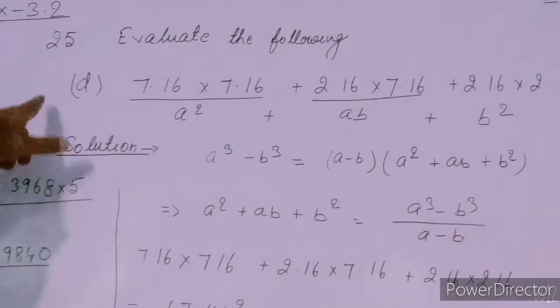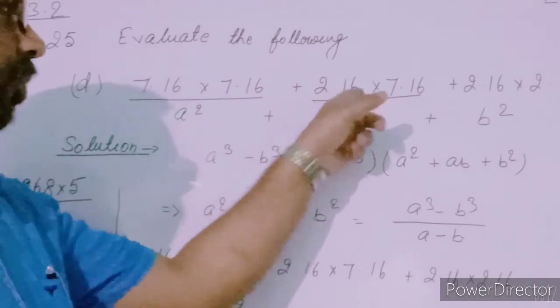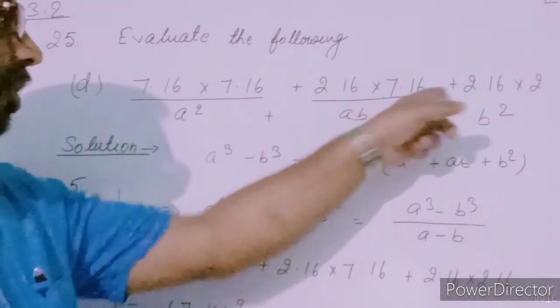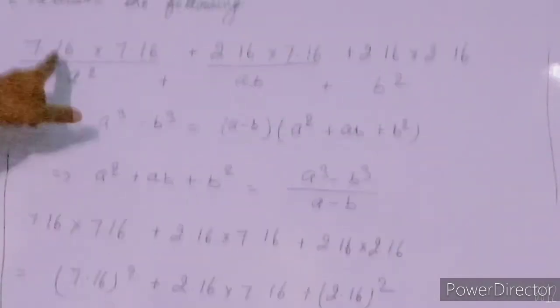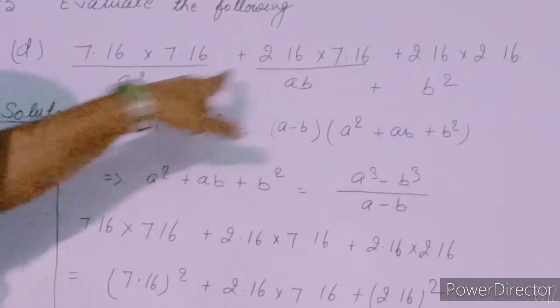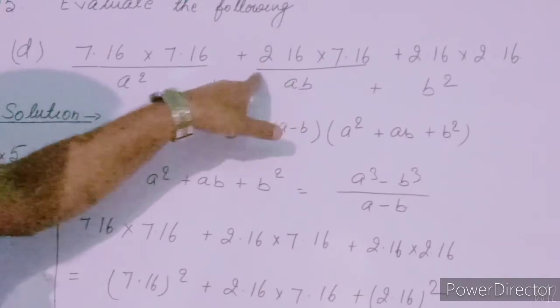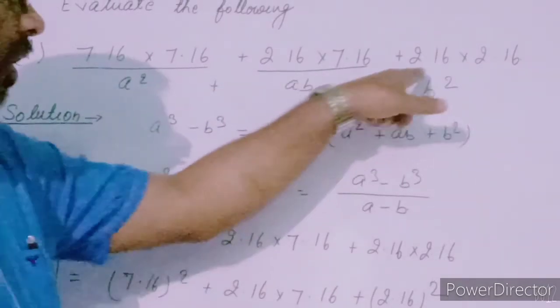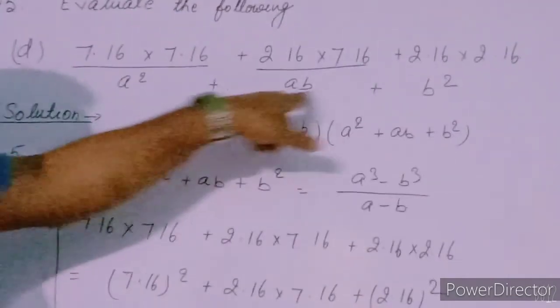Question number 25D. The question is 7.16 into 7.16, plus 2.16 into 7.16, plus 2.16 into 2.16. If 7.16 is A, then this became A². If 2.16 is B, then this became AB, and here B², so we get A² + AB + B².